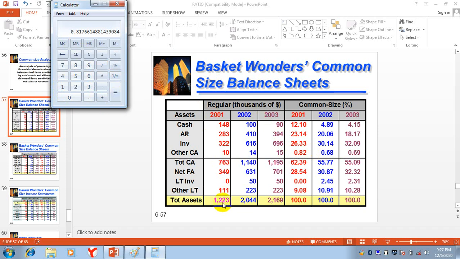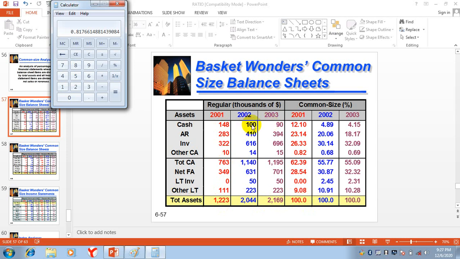Similarly, this divided by this, then 349 divided by this, then 0 divided by this, then 111 divided by this. So this is the 2001 conversion to percentages. And see, total assets is equal to 100% because we are comparing all the items to total assets.